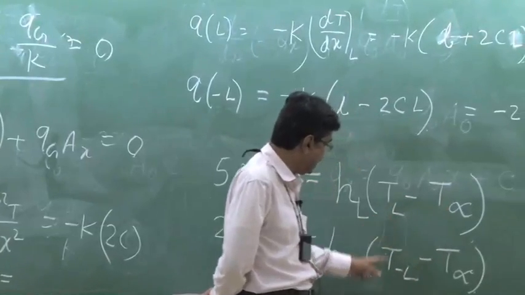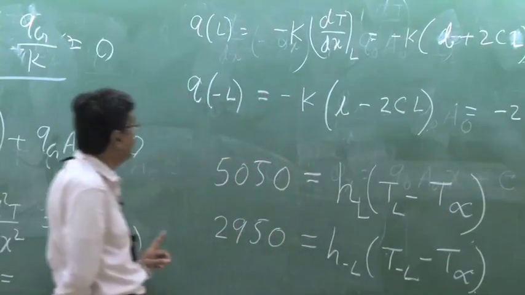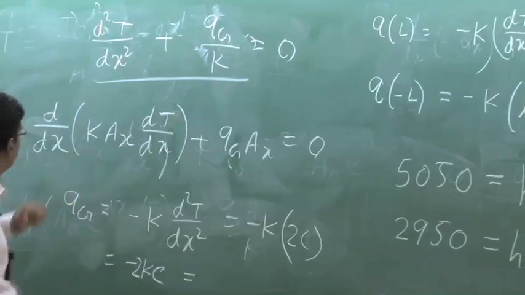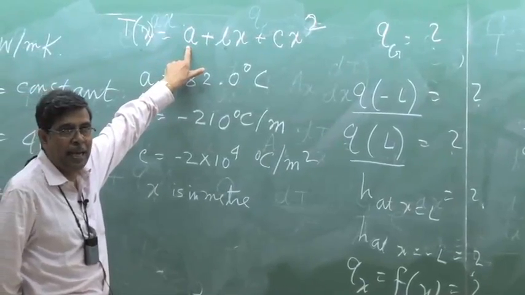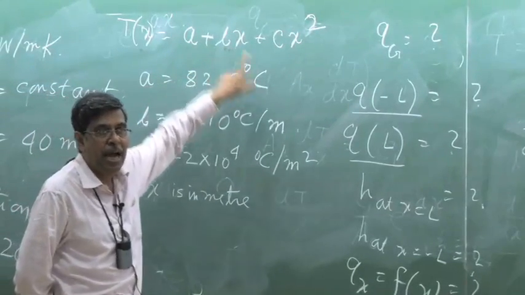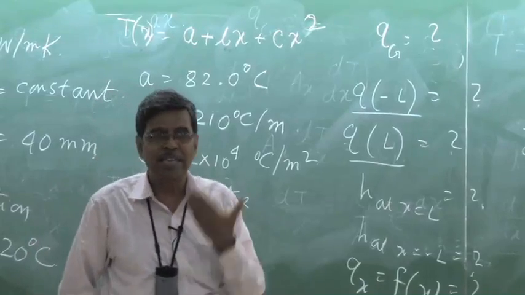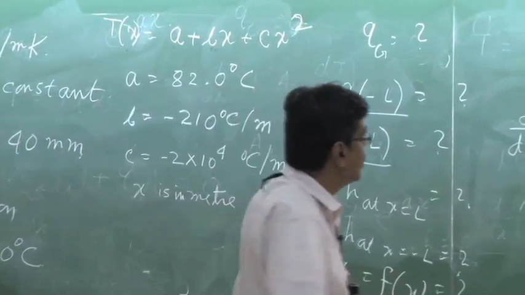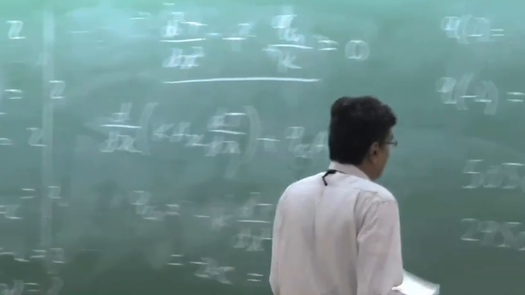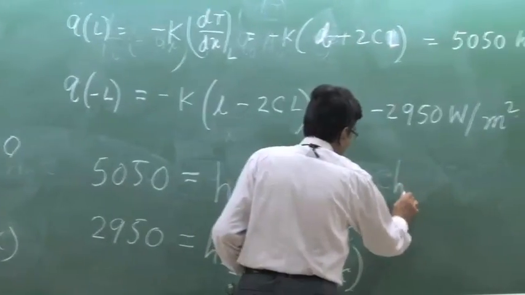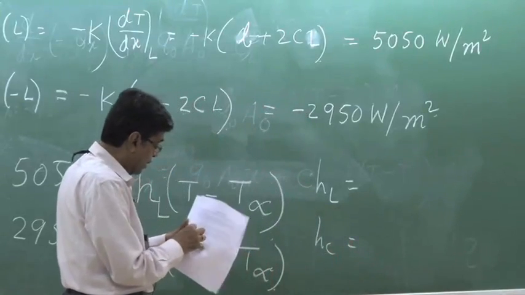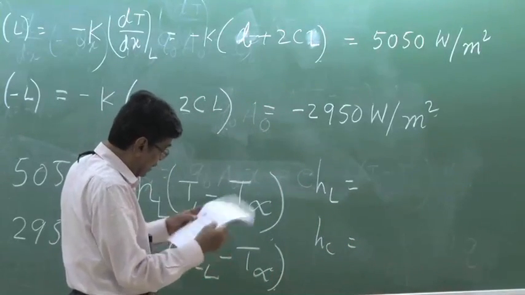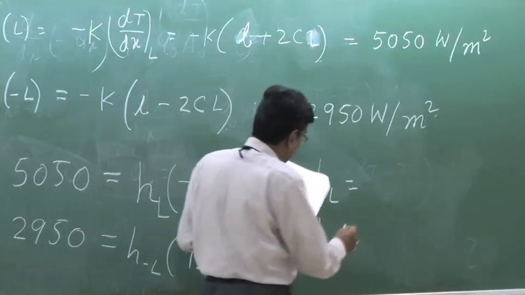The surface temperatures T at L and T at minus L are already found out. How? We have found out Q at L and Q at minus L. So T at L and T at minus L will be found out by substituting x by L and minus L. This will only change. And A, B, C we know, so it is an extremely simple school level thing, so that one can get the values of h at L and h at minus L. What are the values? I tell you, whether they have done it correct or not, I don't know. You just check.